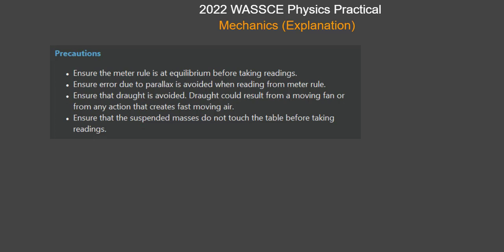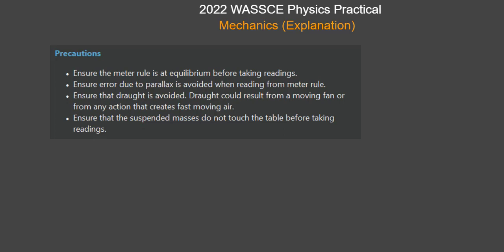If it is making contact with the table, you may end up getting a different result, because the friction between the string and the table might contribute to the reading you eventually get, which may not be accurate. So ensure the mass is not touching the table, and the string as well is not making contact with the table, so that you don't get an erroneous result.